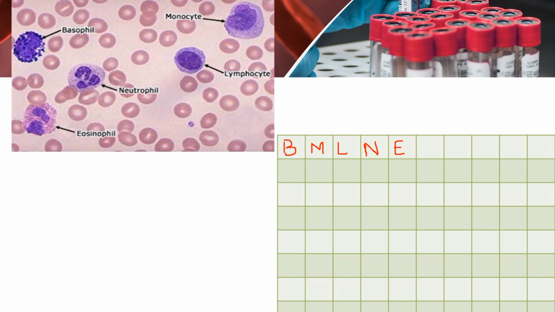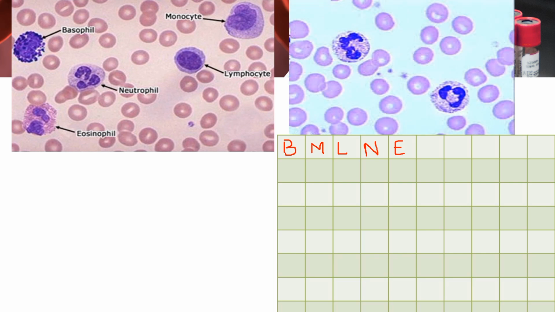Suppose this is your second field where you can see only two neutrophils. So you are going to write N for first neutrophil in this square and then again N for second neutrophil in another square.